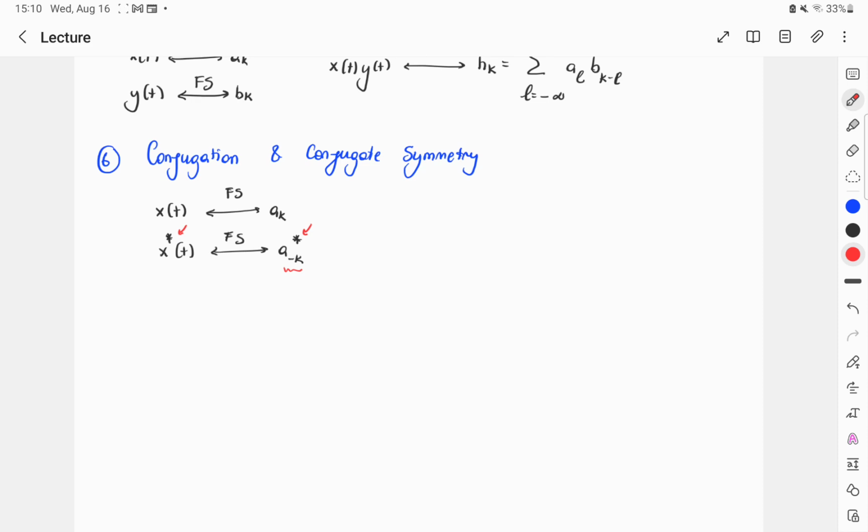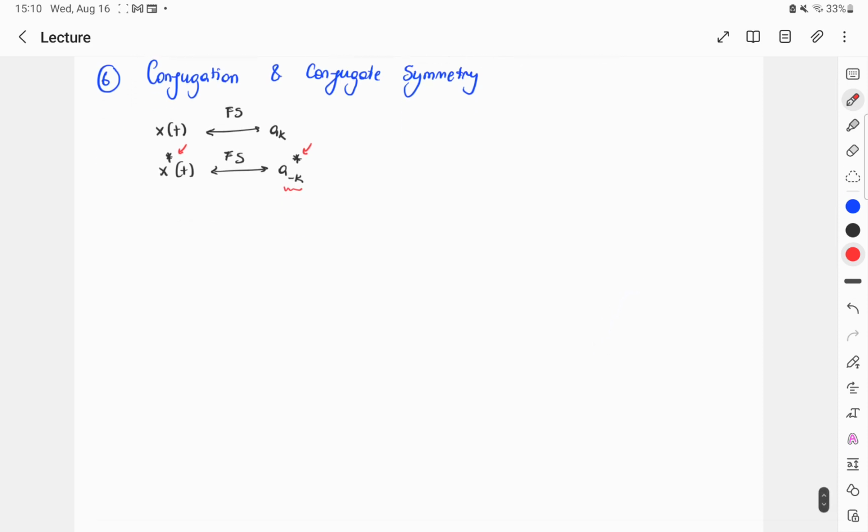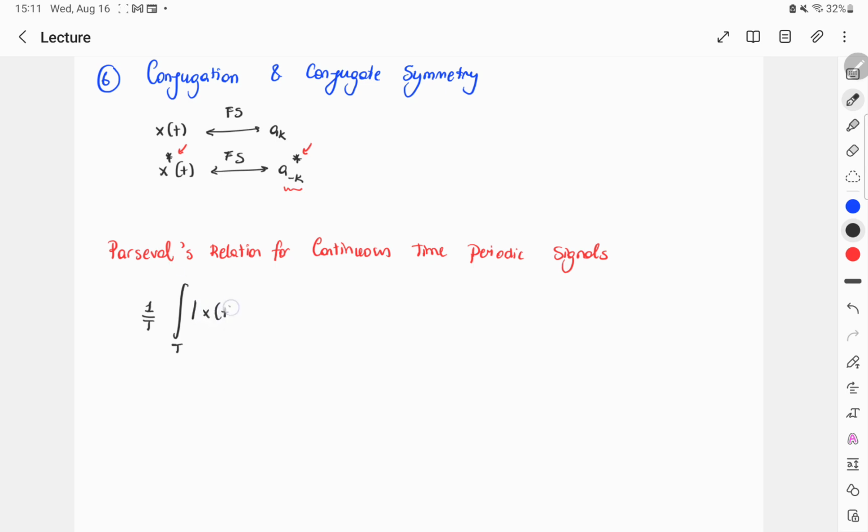Now let us move on to the next topic, which is Parseval's relation for continuous time periodic signals. Now let me write this down super fast. This property tells us that 1 over T integrated over T is equal to the sum of k going from minus infinity to infinity of the coefficients.